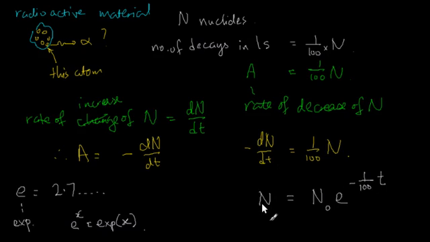As we know, n is the number of particles. But what is n naught? Well, n naught is the starting number of particles, the starting n, if you like. As time passes, n would change. We would expect n, the number of nuclides, to decrease with time. And indeed, if you plot a graph of this function, you'll find that n decreases.